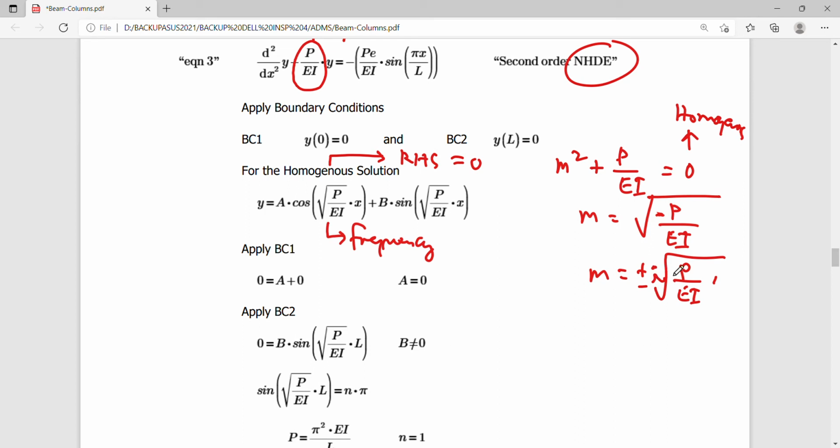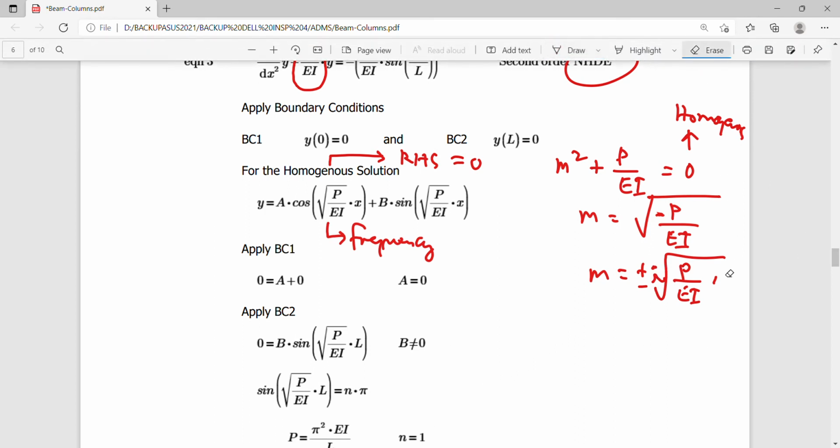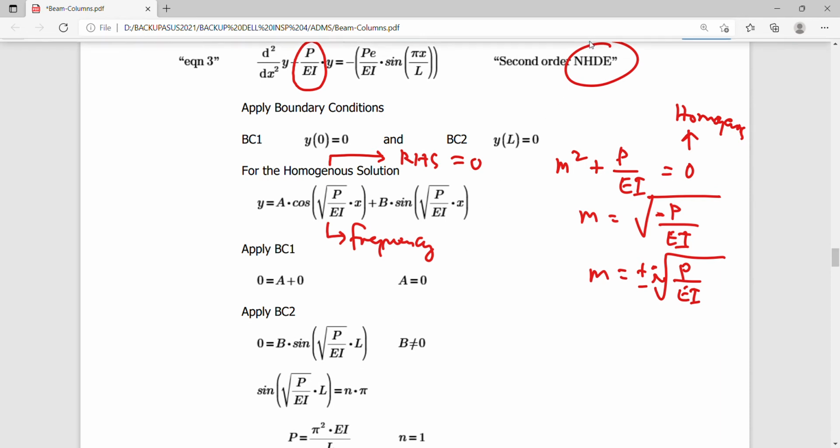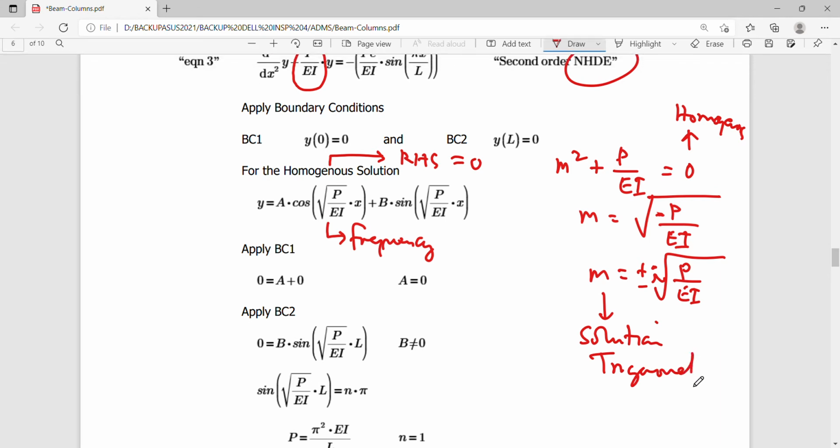There's an imaginary there. When the root is an imaginary root, we know that the solution is always trigonometric.